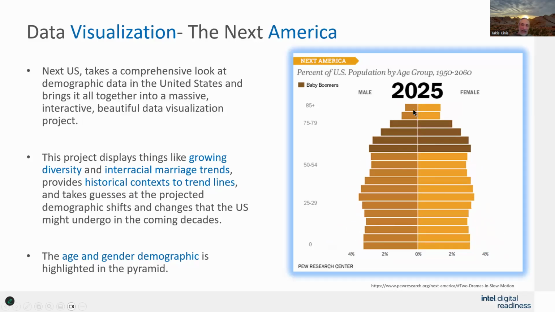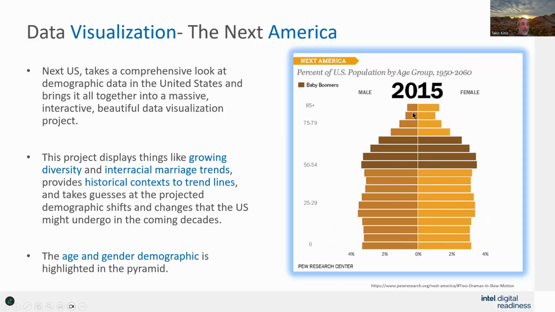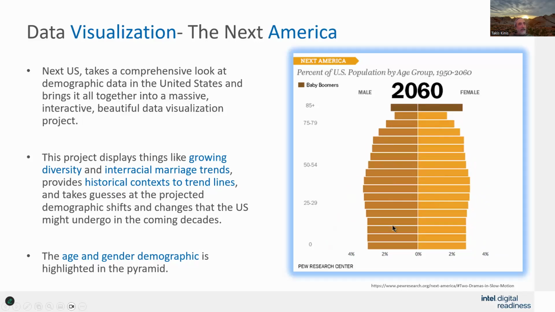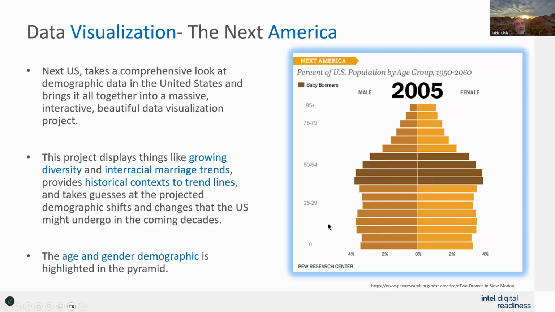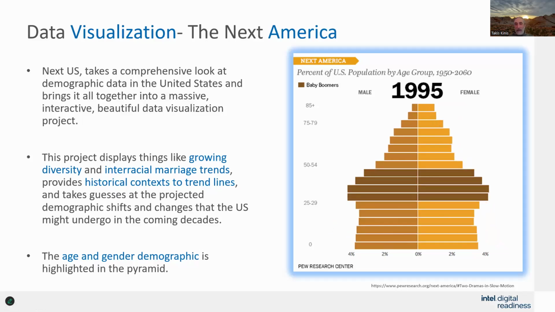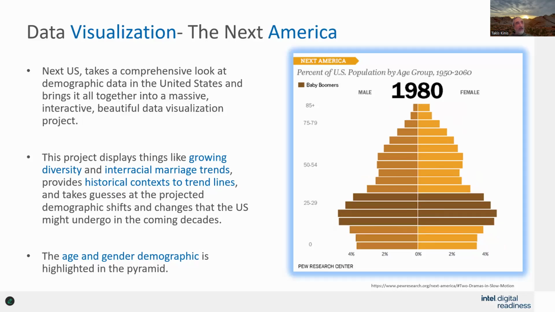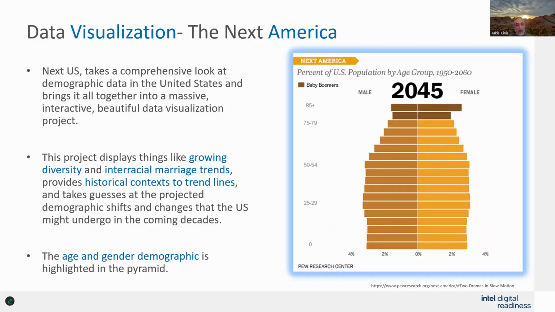Men die sooner, because when they get to the high age ranges, there's less on the left side than there is on the right side. Why is that? There's a reason. Maybe men work too hard. They throw their bodies at it, or they get heart attacks sooner, or they have poorer health, or who knows, right?